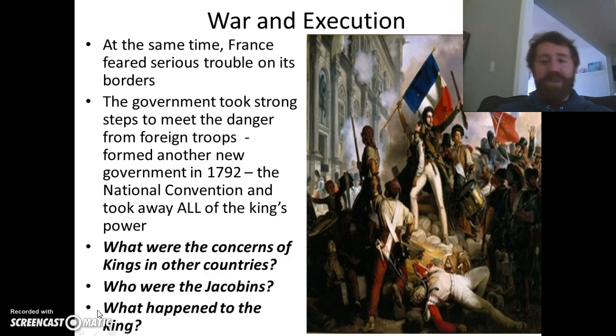In August of 1792, about 20,000 Parisians stormed the palace where the royal family was staying and arrested King Louis XVI and Marie Antoinette, as well as their children.